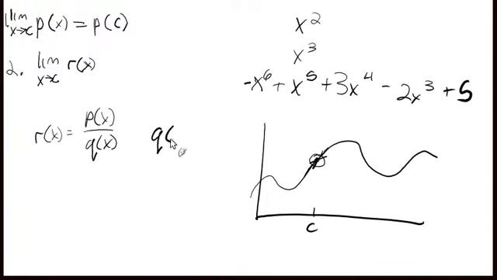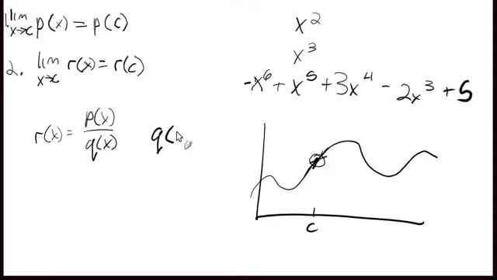R of x is a rational function, that's why it's r. It's a polynomial divided by a polynomial, which is kind of like a new polynomial function in a sense, with a few caveats, but pretty much that. So we can just plug c into the rational function, and there you go. That's going to be the limit.